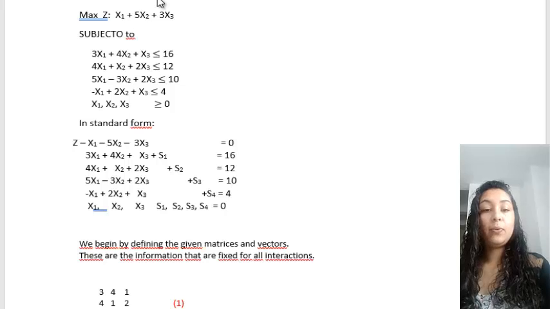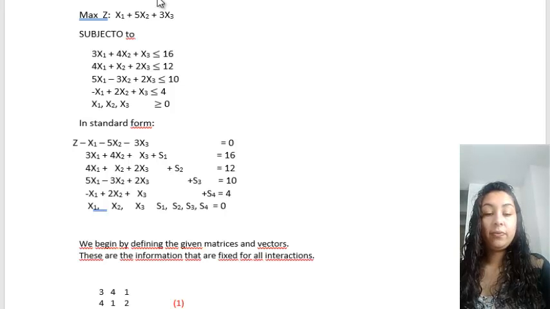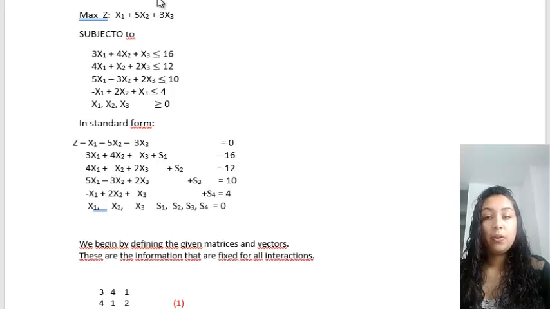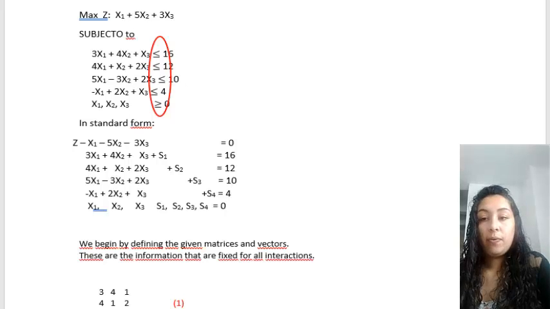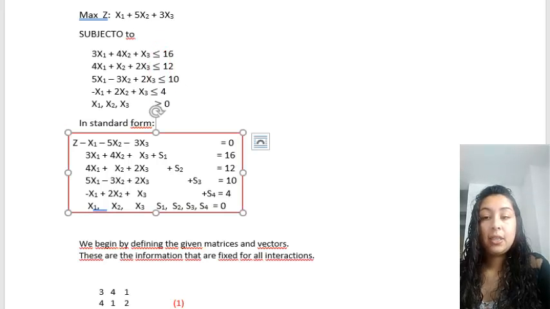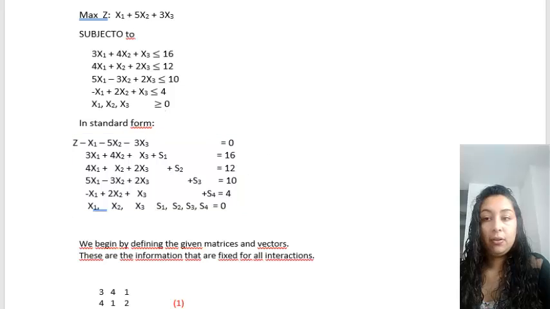Hi, below we will explain the revised simplex method using the following example. It is a maximization problem in which all constraints are in the form of less than or equal to.